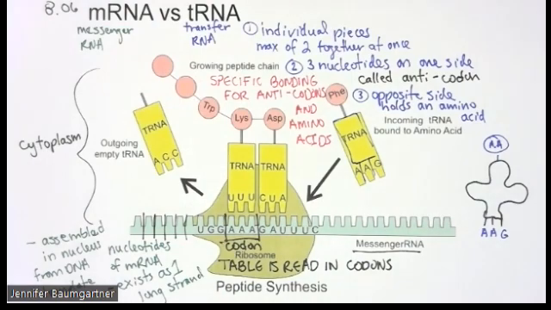We've been saying all year long, DNA is the plan to build proteins. This is where it actually happens. This is where we go from a nucleic acid to a protein. And it's all because of the interface between mRNA and tRNA. So in the next video, we're going to look at the specifics of how this actually comes about.